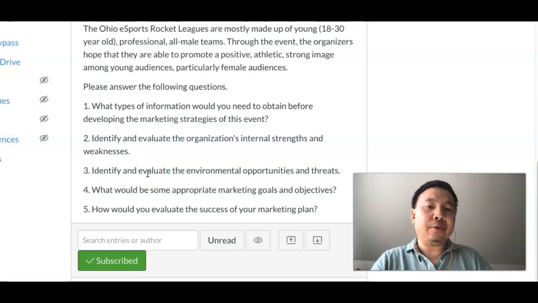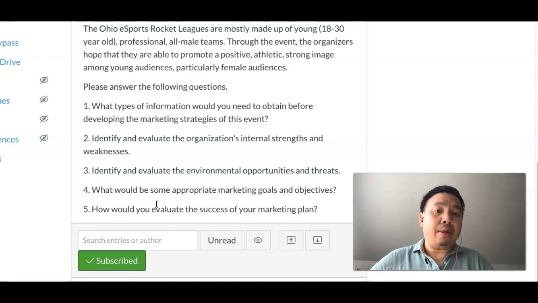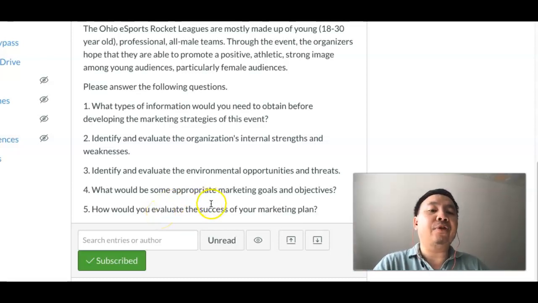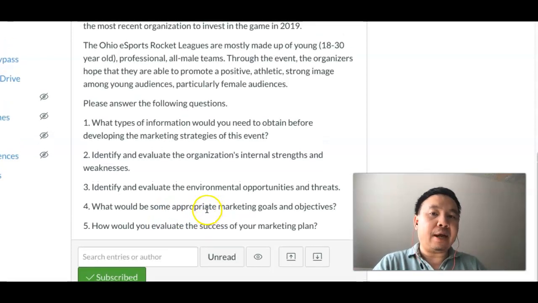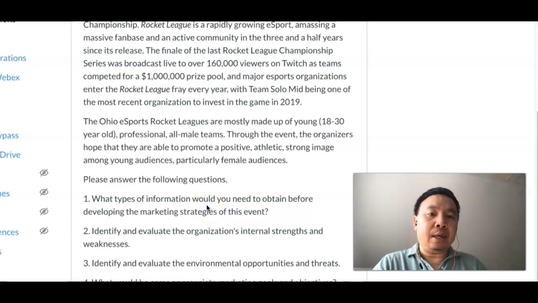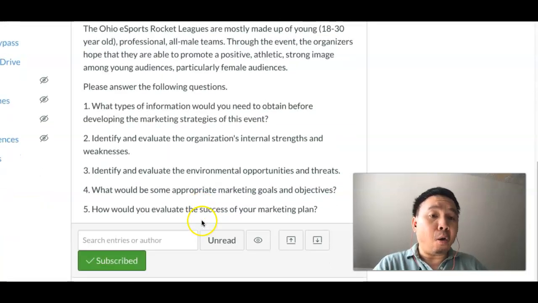In a SWOT analysis, we look at the strengths, weaknesses, opportunities, and threats. And then we identify appropriate marketing goals and objectives that we can develop based on this analysis. And then how you can evaluate the success of your marketing plan, right? So there are 5 questions. In this second online discussion, make sure you answer all these questions.